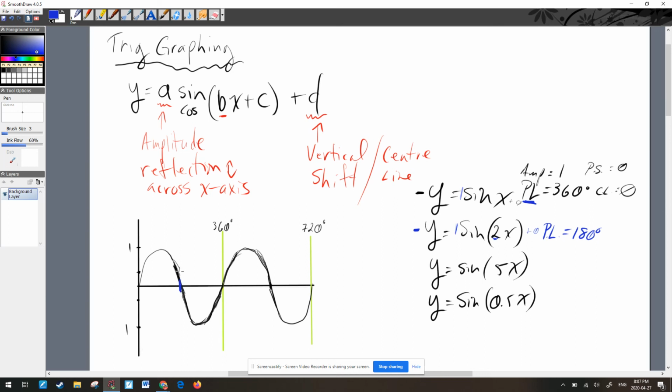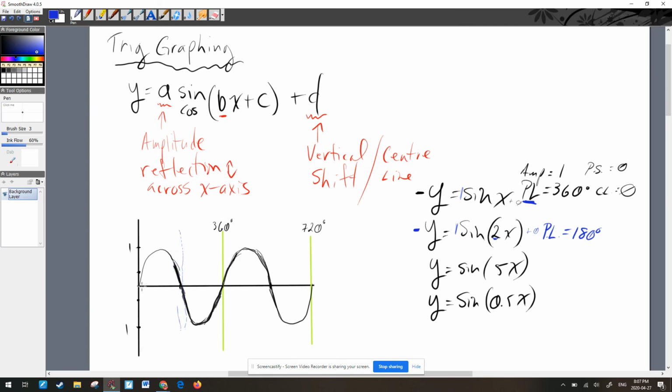Let's get it closer than that. There's 180 degrees. All right, draw it in. Okay, that's terrible. So 180 degrees.